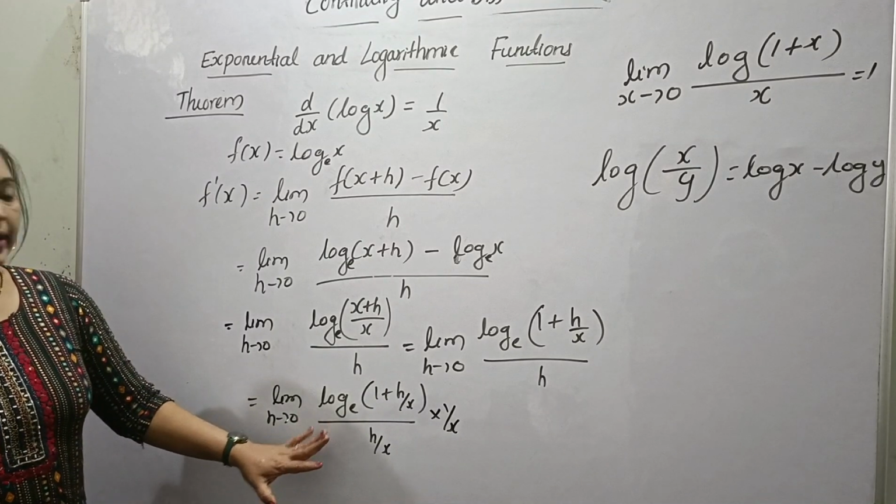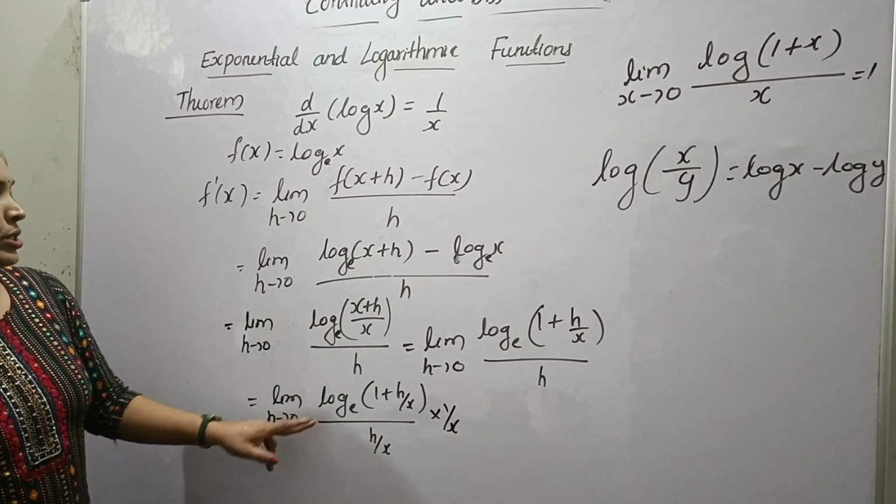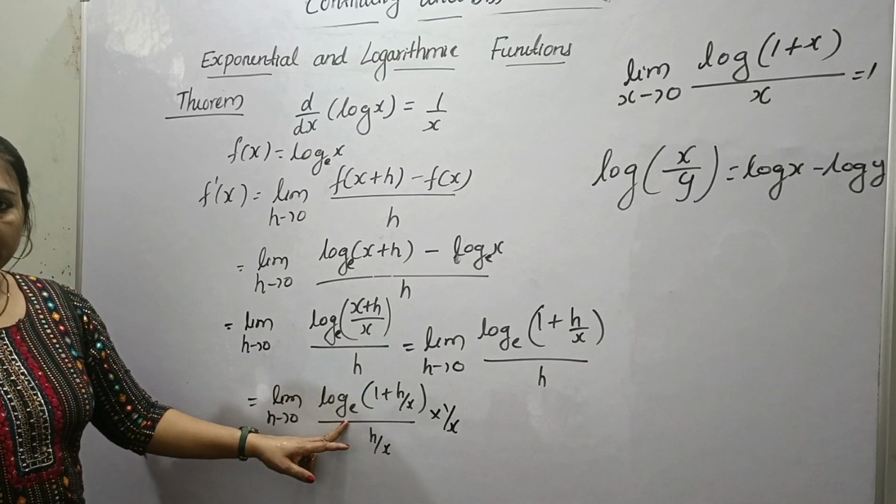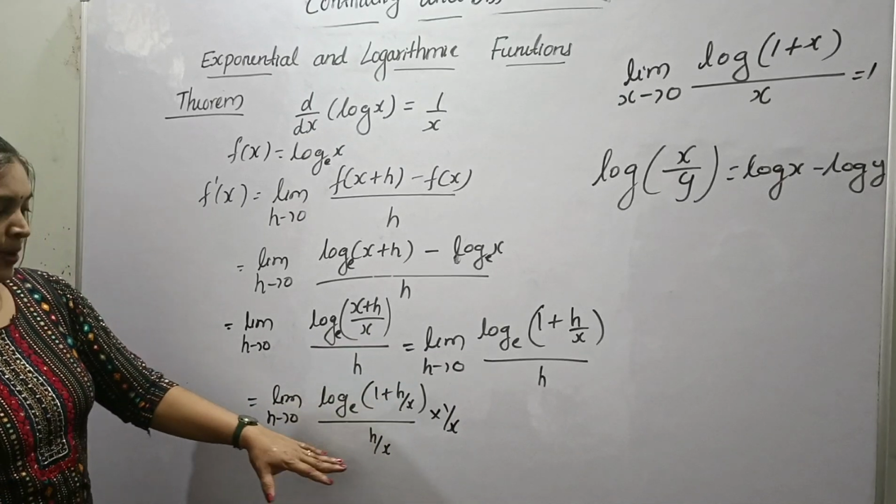Now it is correct, right? So limit h tends to 0 of log base e of (1 plus h by x) divided by h by x.